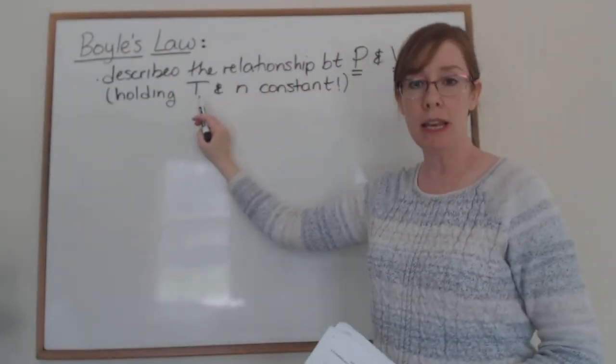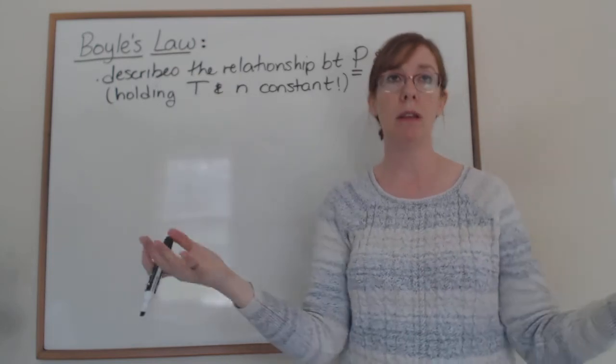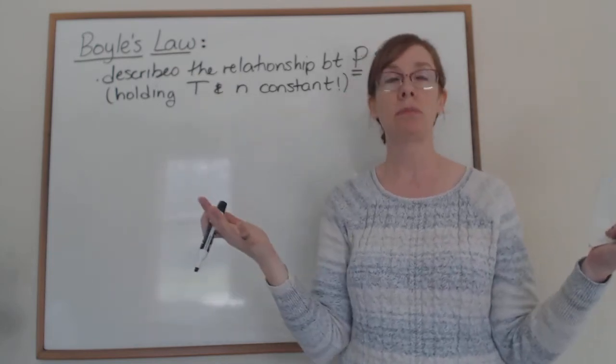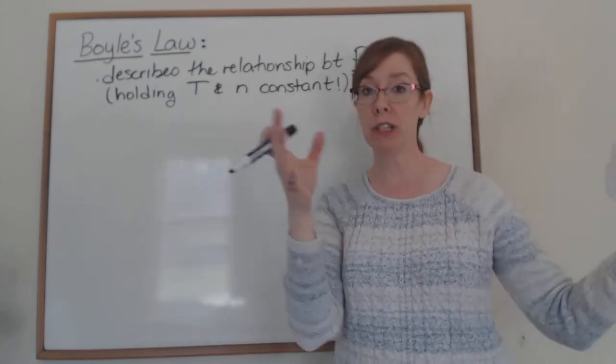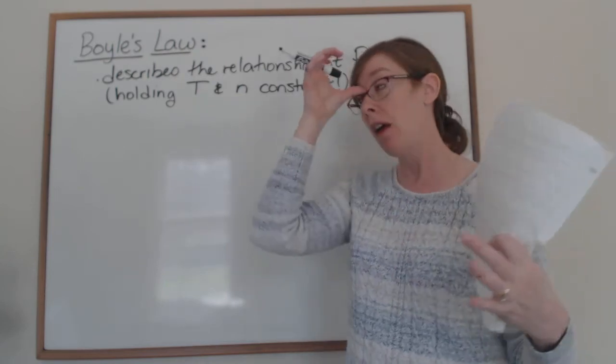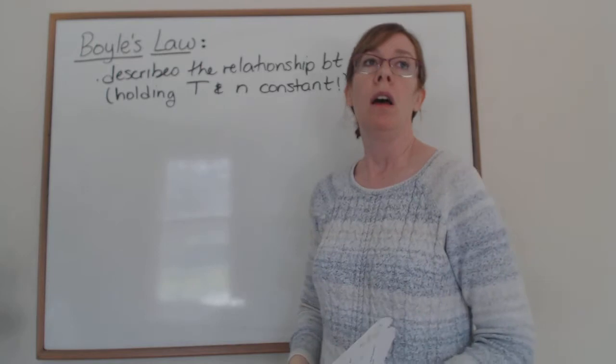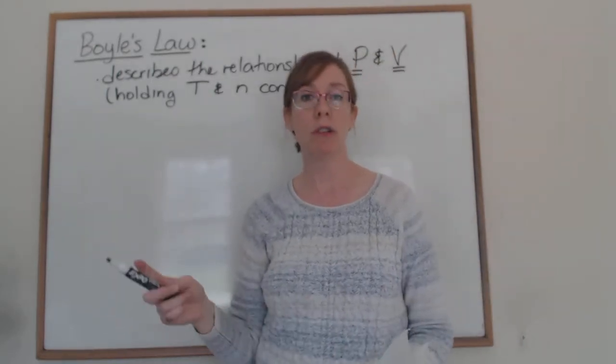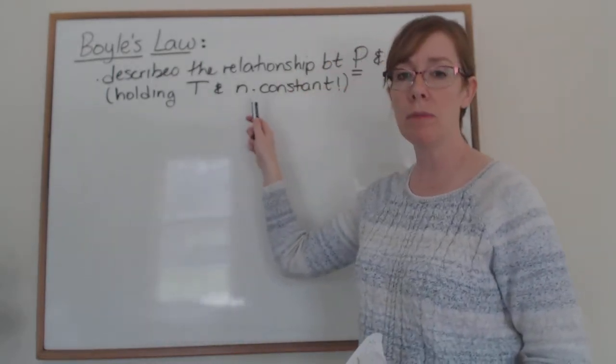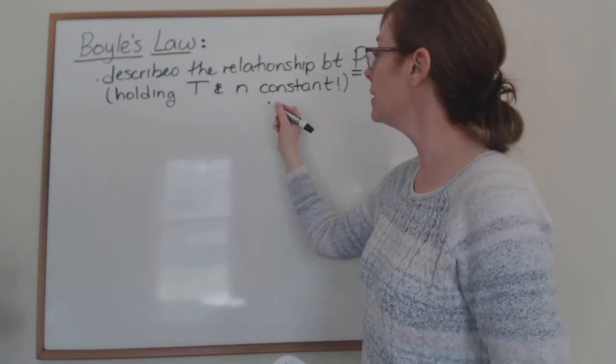Keeping the temperature the same, there are different ways to do it. If there's no chemical reaction, you would just keep the environment the same. Do it at room temperature or keep it in a cold temperature or whatever. Holding the number of moles constant is as simple as this.